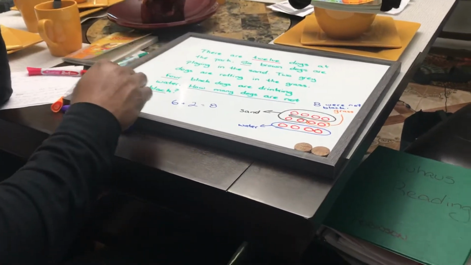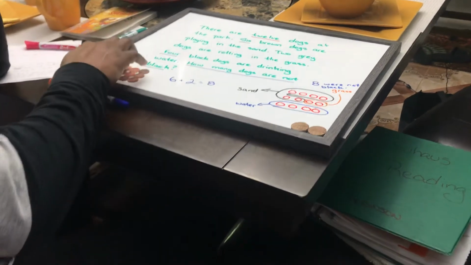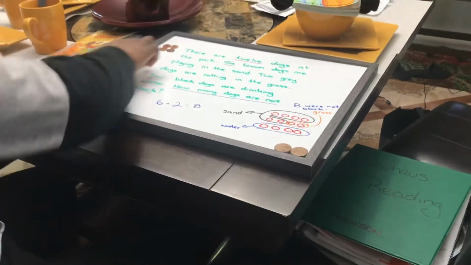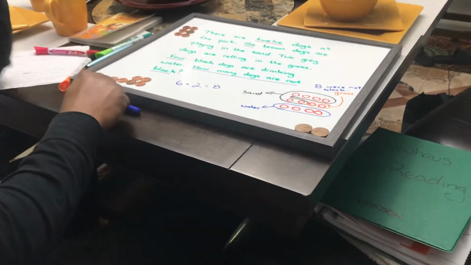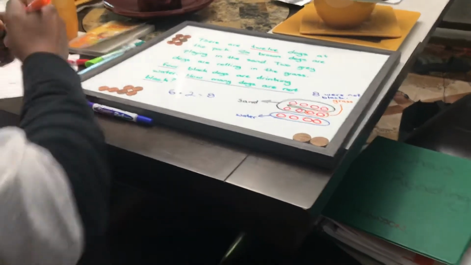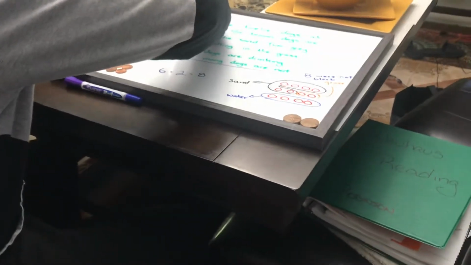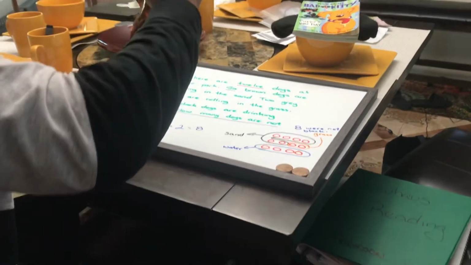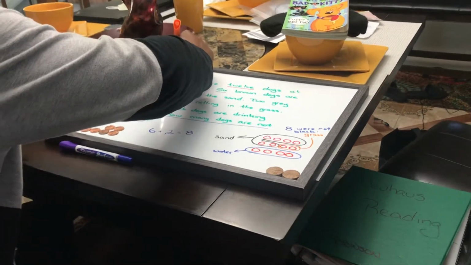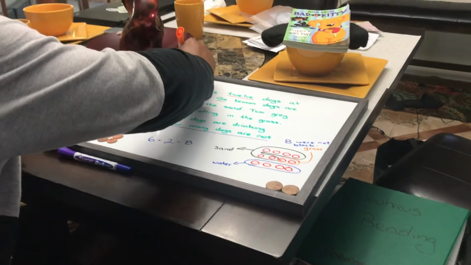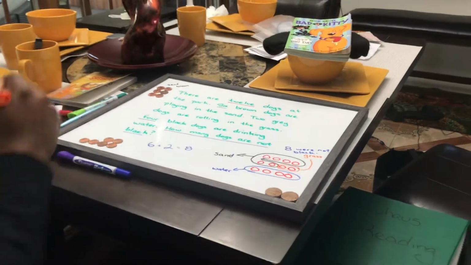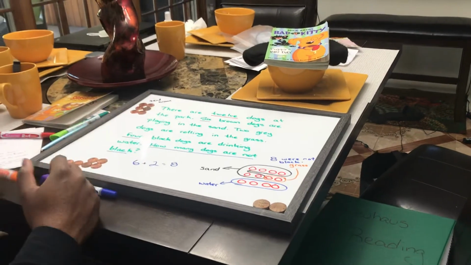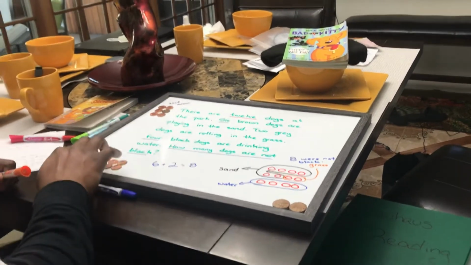We know that 6 brown dogs are playing in the sand. So we're going to take 2, 4, 6, and we're going to write the same exact thing. This is the sand. And just to make it even a little bit clearer, we know that that's brown. 6 brown are playing in the sand. Then we have 2 gray dogs rolling in the grass.